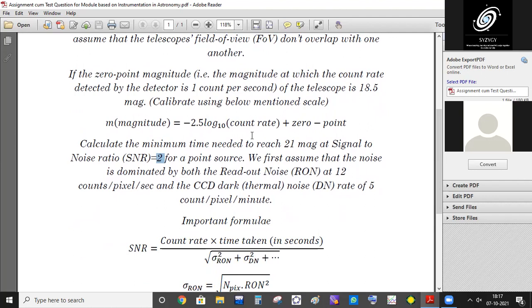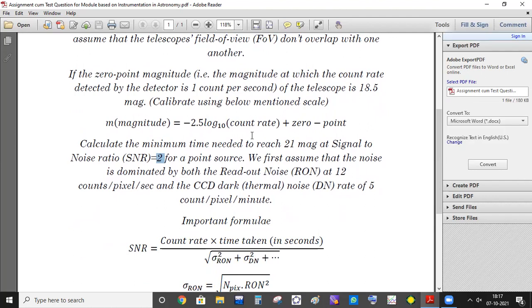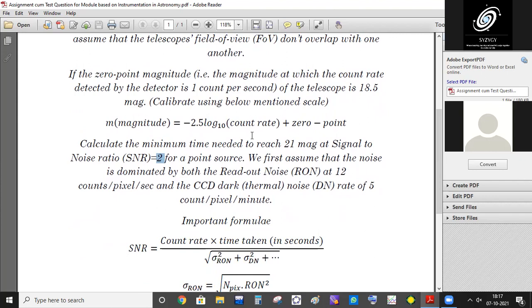In the last slide, you might have seen this zero point. So zero point is the magnitude at which we only sense 1 count per second, and for the telescope it is 18.5 magnitude. So the value of ZP in the question is 18.5 magnitude.